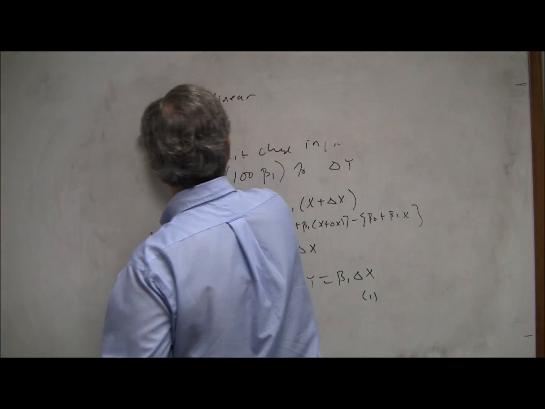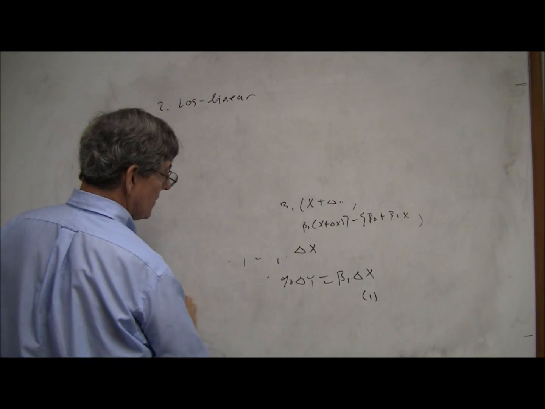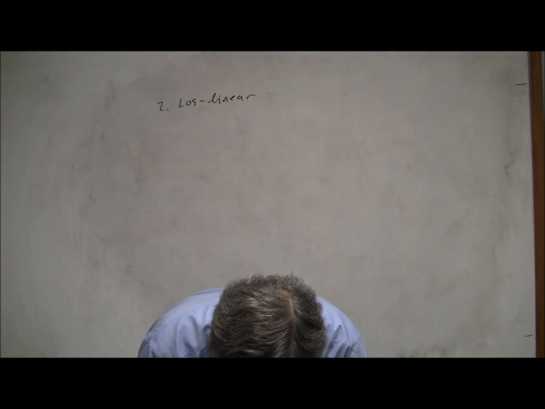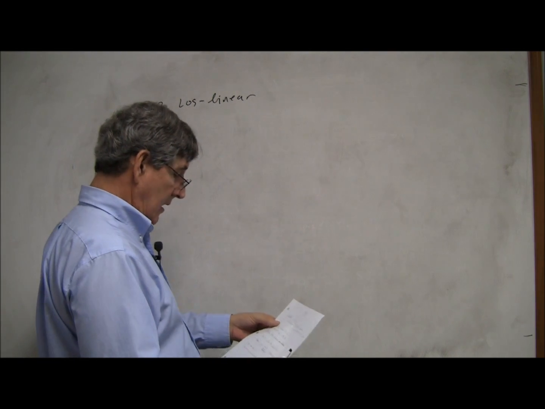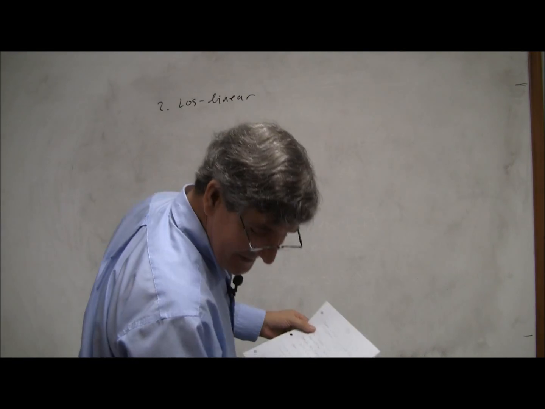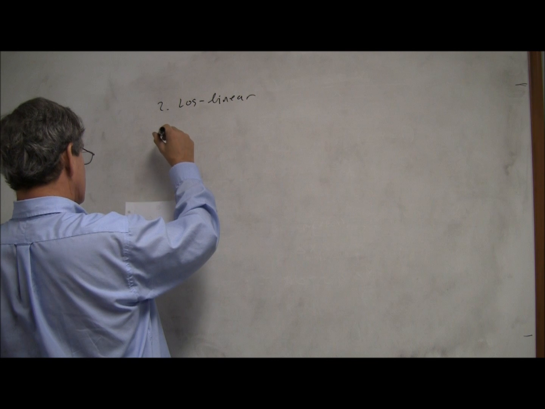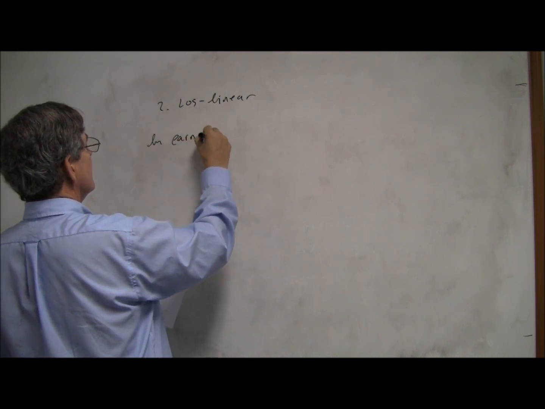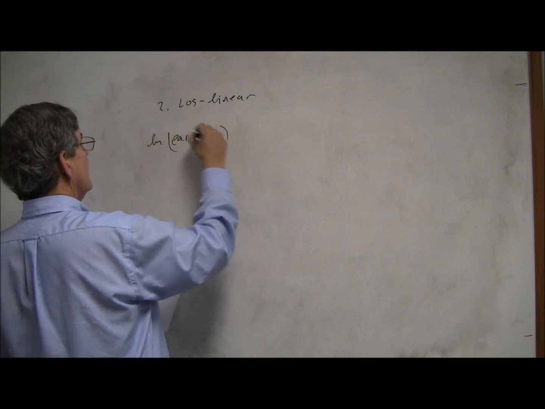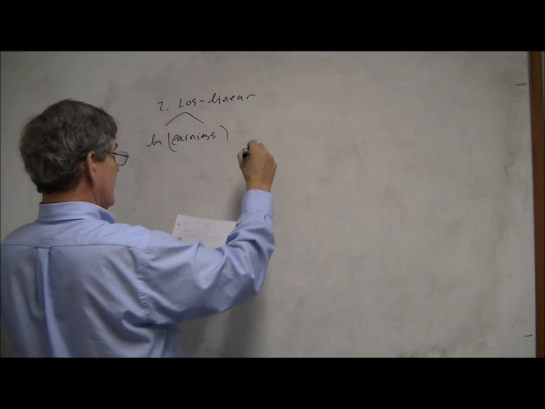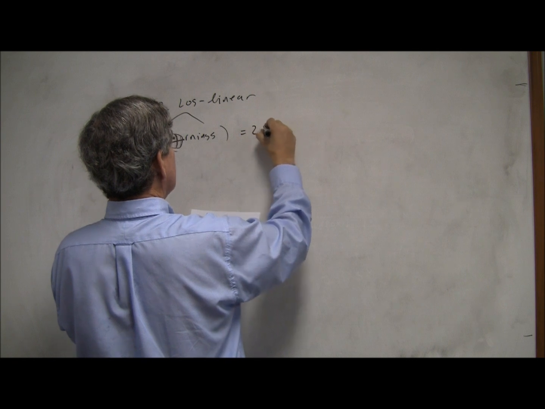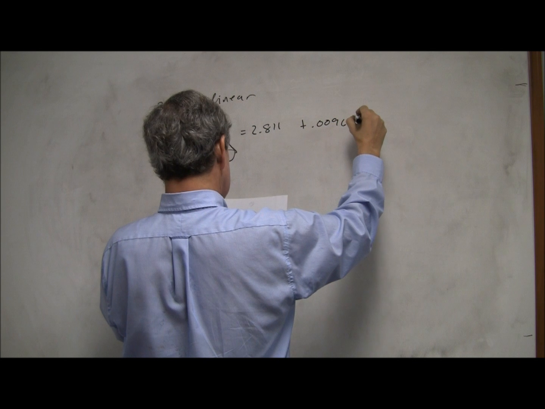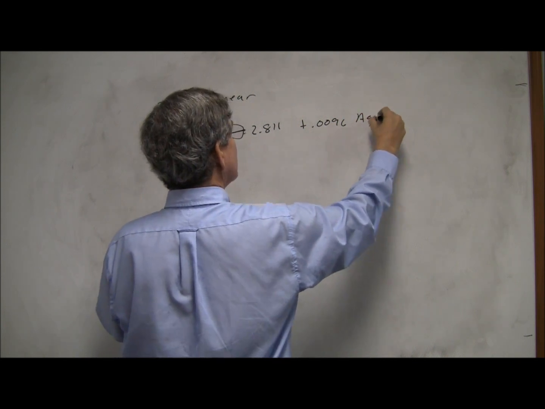And if we estimate that model using the test score data, what you will get is, oh, excuse me, this is earnings on age. This is a different model. I don't know why they switched on us, but they did. So the log of earnings predicted is 2.811 plus 0.0096 times age.